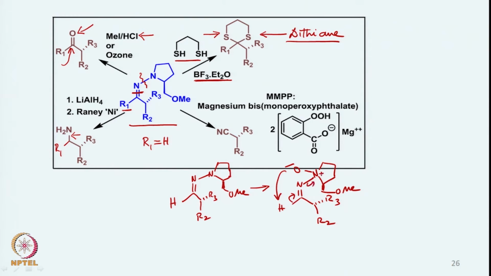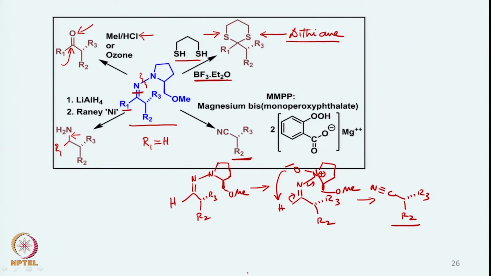Of course there will be positive charge to form, and then that leads to the formation of the corresponding nitrile, C triple bond N. So this is how this particular molecule has been obtained, and of course now this nitrile group can be then converted into different other functional groups.